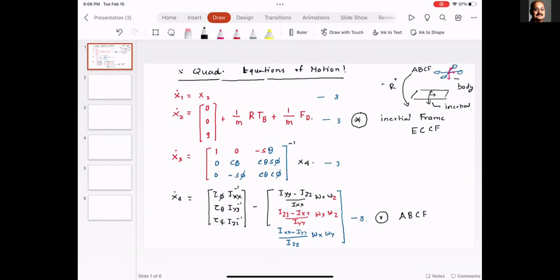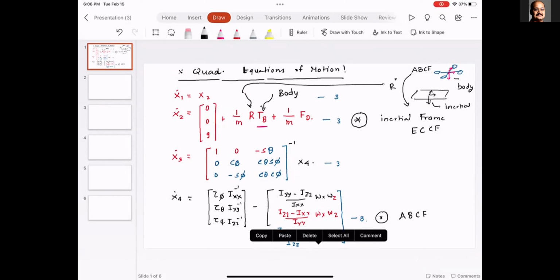So basically, this thrust in the body frame is transferred using this rotational coordinate frame, and this gives you thrust in inertial frame.